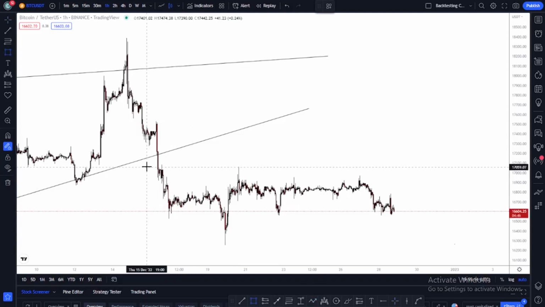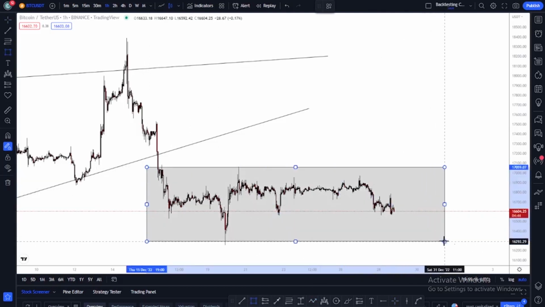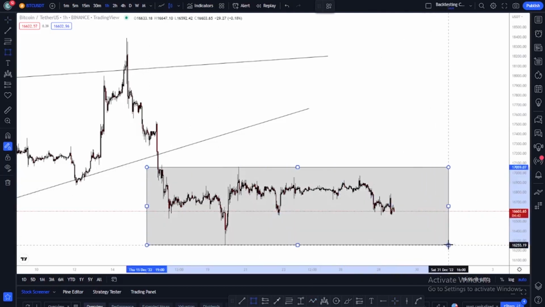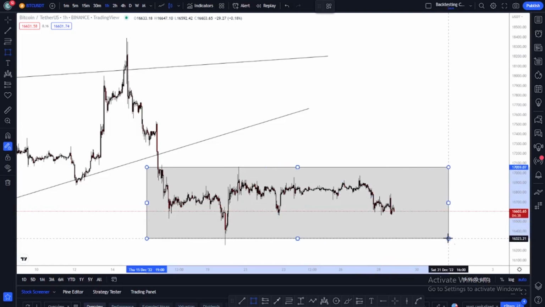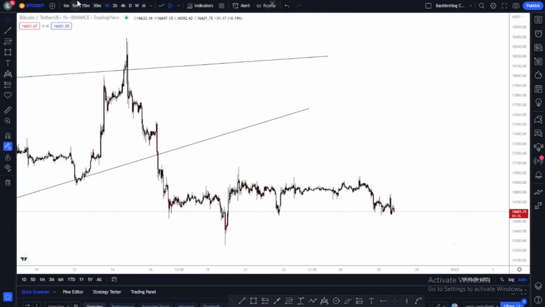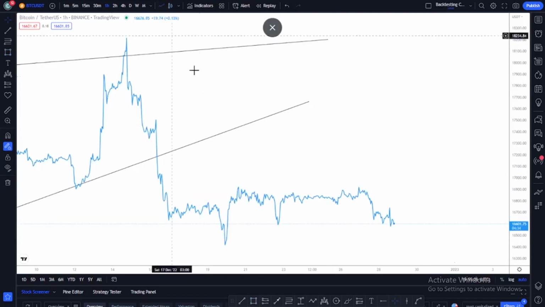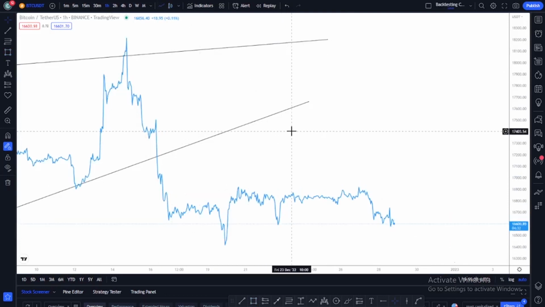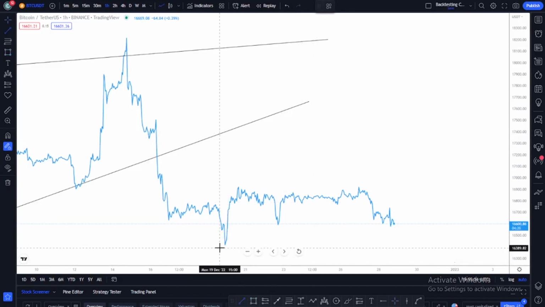But from my experience, I can see price was kind of forming a chart pattern. So all what I did was to go back to my line charts, and looking at our line charts, what can we see? Yeah, it gave me a confirmation price was creating a new pattern.